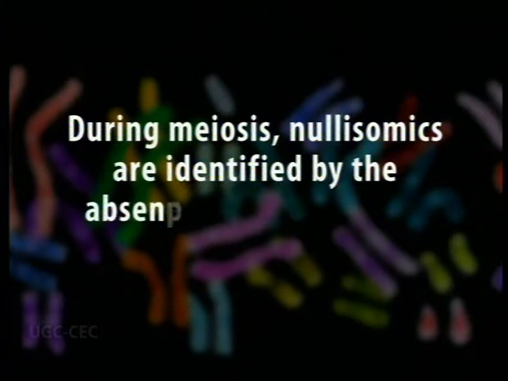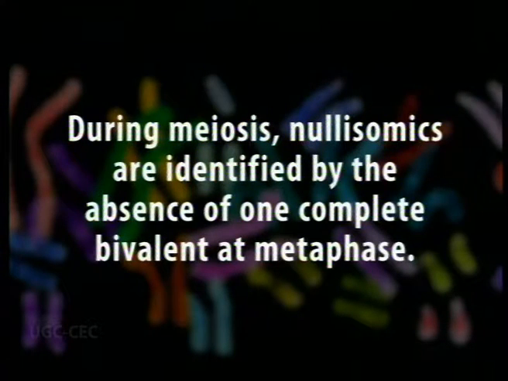During meiosis, the nullisomic condition is identified by the absence of a bivalent at metaphase stage, because that bivalent is missing in the nullisomic individual, and the gametes produced by such an individual are all n minus 1 types, and fertilization between such gametes will restore the nullisomic condition.